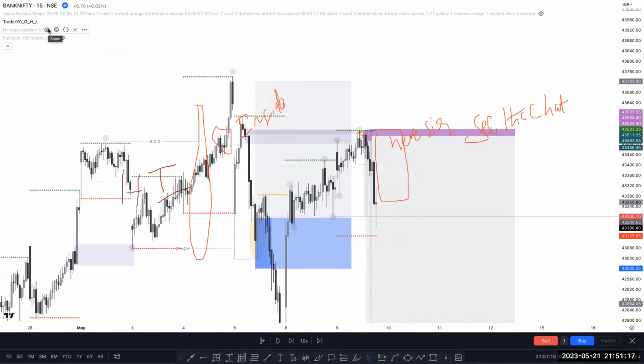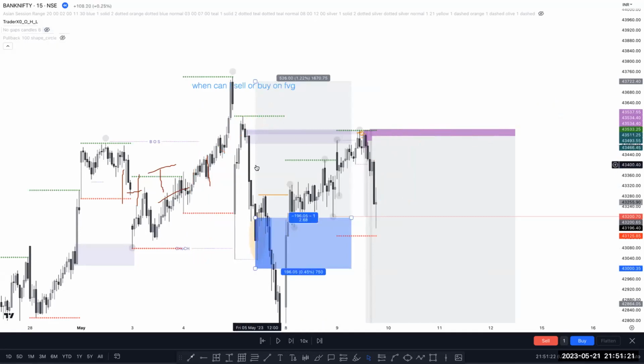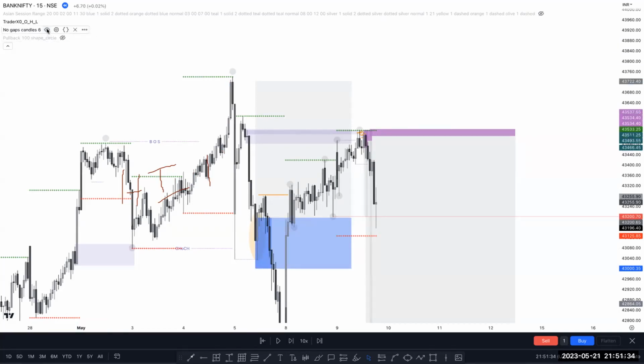Actually, what happened here? Look at this one now. Now you can see this one is our continuation candle to the upside and then push downside. This is a candle here and then gap down. And with this indicator, sometimes you can see the entire candles are combined. That's why this move happened here.